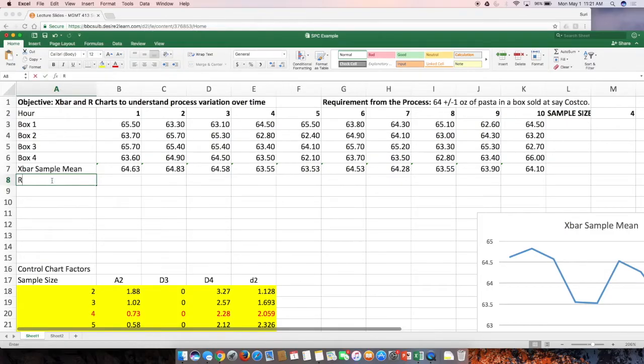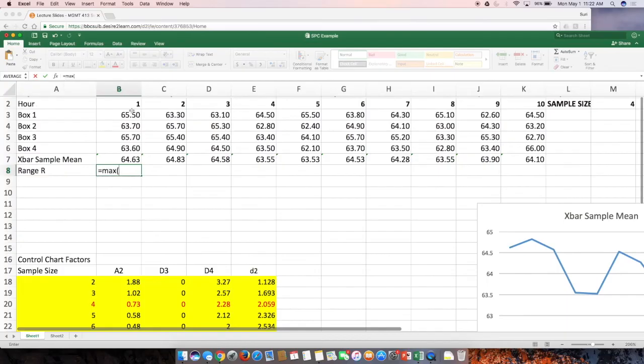But first let's also calculate what's known as the range, or R. What's the range? The range is nothing but the difference between the maximum value and the minimum. What's the maximum among these 4 observations? 65.70. And what's the minimum across these 4? 63.6.